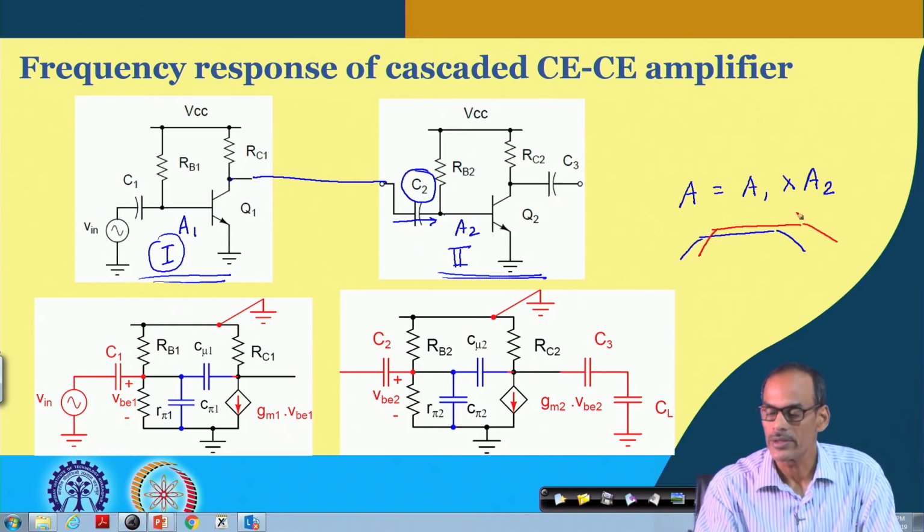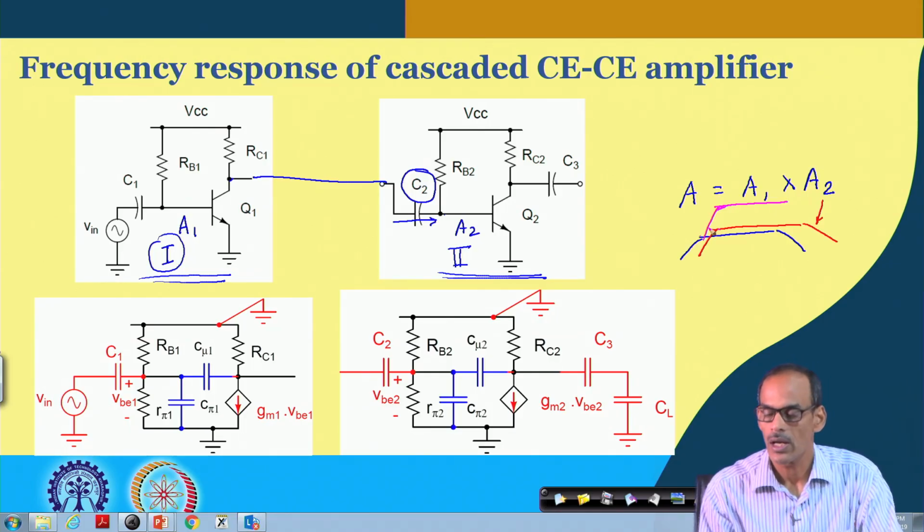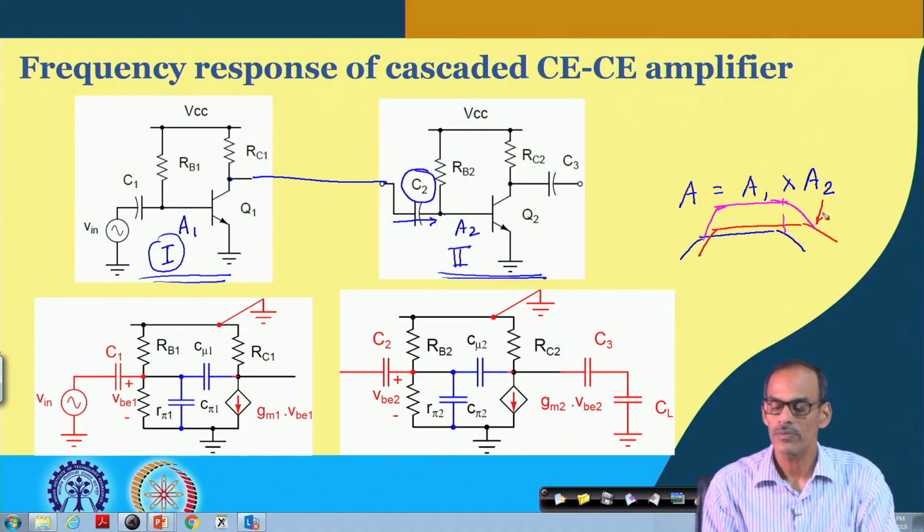If we combine these two stages through cascading, we may expect that the overall frequency response has very high gain, and the lower cutoff frequency is defined by whichever lower cutoff frequency of these two stages is higher, and likewise the upper cutoff frequency is decided by the upper cutoff frequency of the circuit which has the lower value.